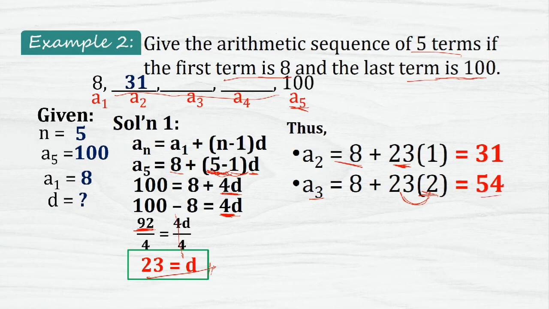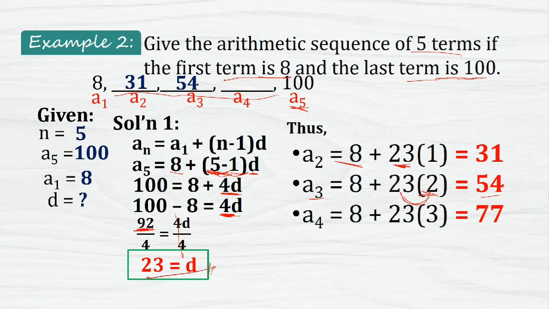So, the second arithmetic mean or the third term is 54. And for the third arithmetic mean, that's the fourth term. So this is the value of n. 8 is the first term, 23 is the common difference, 3 here, that's n minus 1. So 4 minus 1 is 3. So 23 times 3 plus 8 is 77. So A sub 4 or the third arithmetic mean is 77.